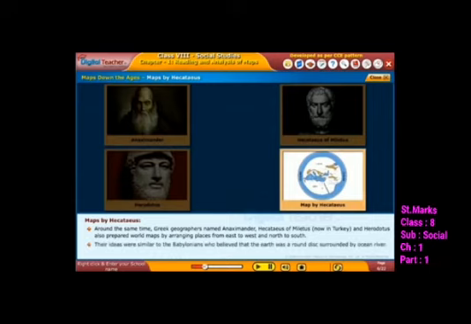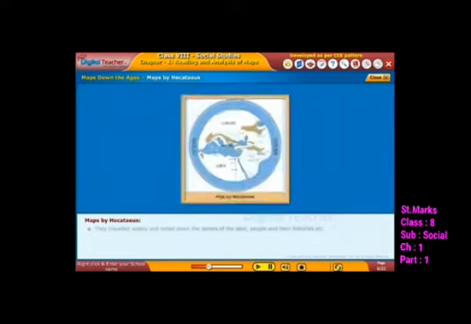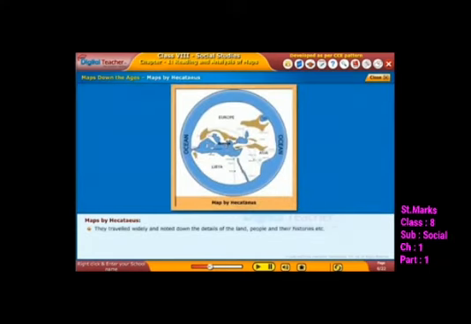Their ideas were similar to the Babylonians, who believed that the earth was a round disk surrounded by ocean river. They traveled widely and noted down the details of the land, people, and their histories, etc. Based on the details, they prepared maps and placed Greece in the middle of the map.